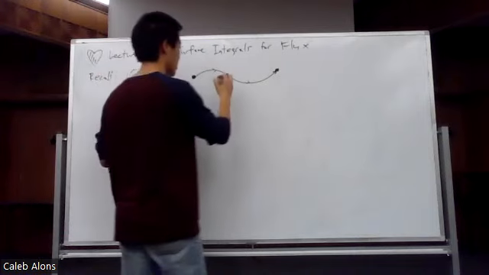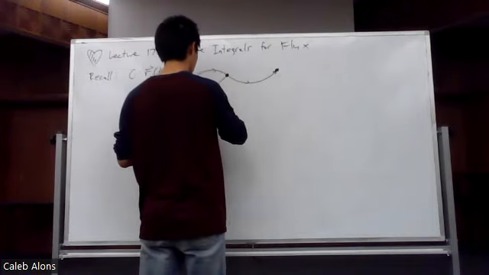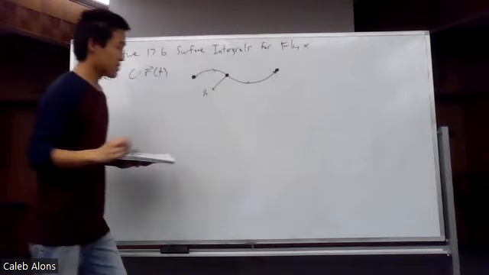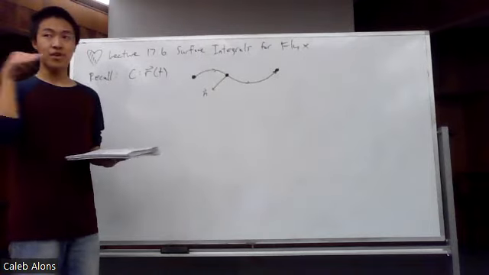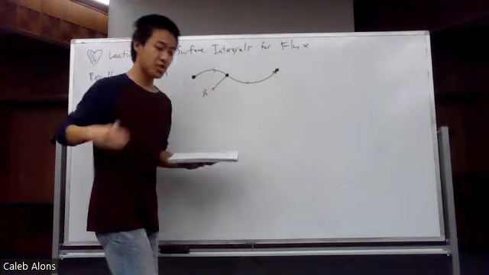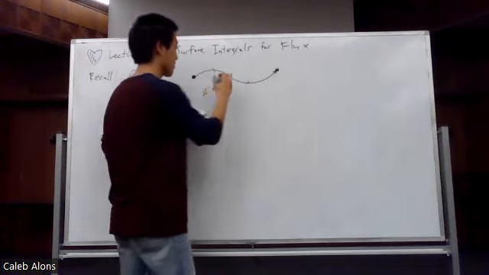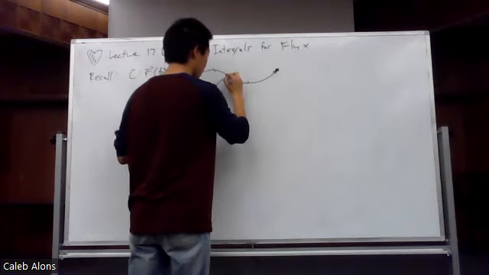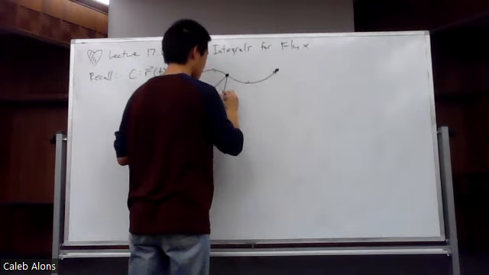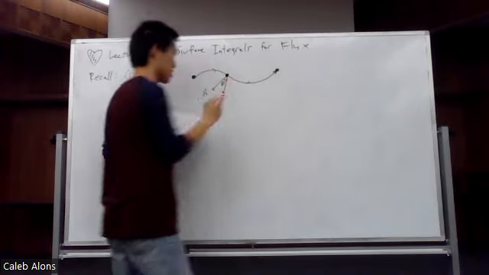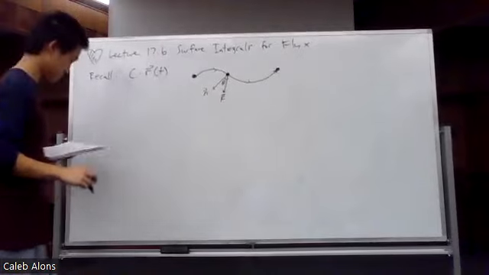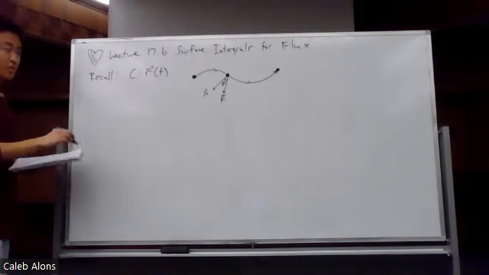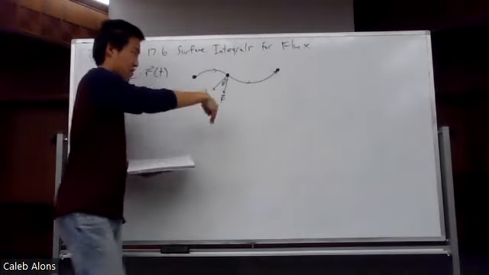F dot N. So we're interested in the normal. Specifically, how aligned is the field with the normal? Because we are interested in field lines passing through the curve. So here, if I want more flux, the field is going to be more aligned with the normal. So we're essentially having more field passing through.